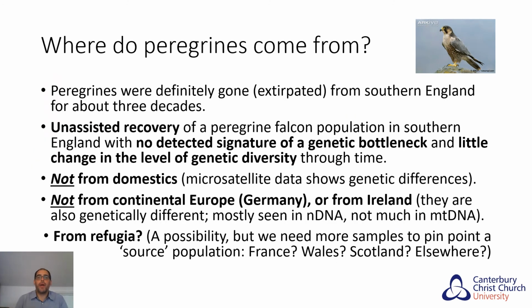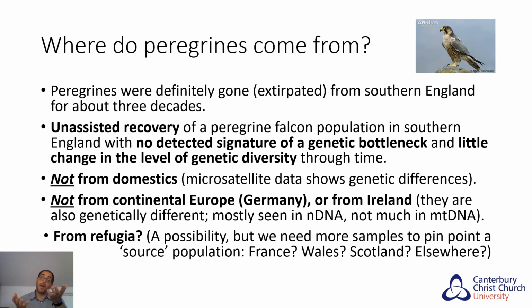So where do peregrines come from? Well, peregrines were definitely extirpated from southern England for about 3 decades, so we know that they were not there already. So there has been an unassisted recovery of peregrine falcons in southern England. However, we have not detected a signature of genetic bottleneck, with little change in the level of genetic diversity through time.